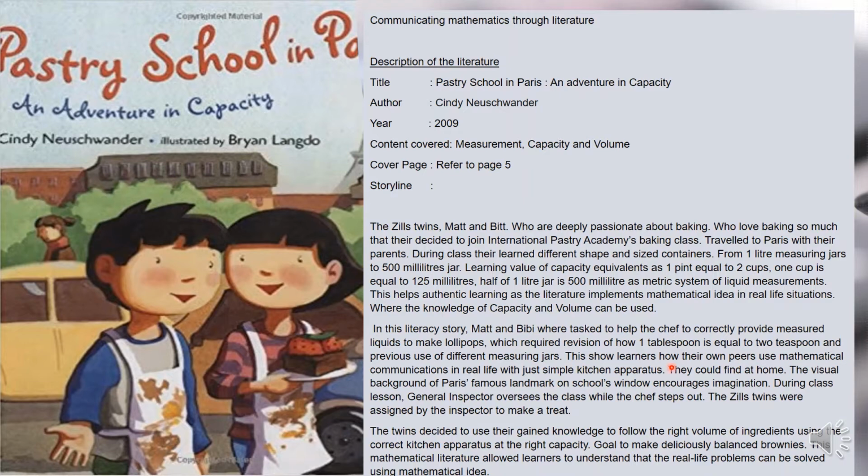This shows the learners how their own peers' mathematical communication can be used in real life with just simple kitchen apparatus.